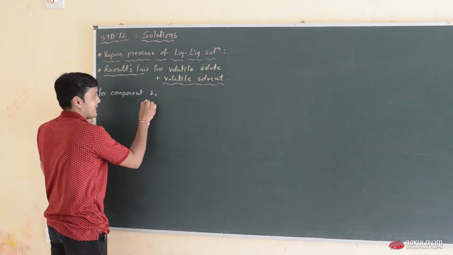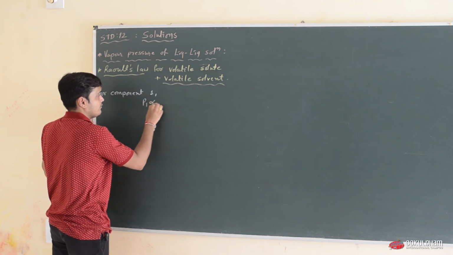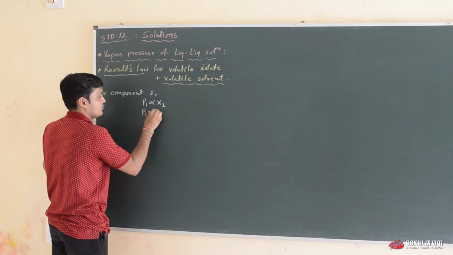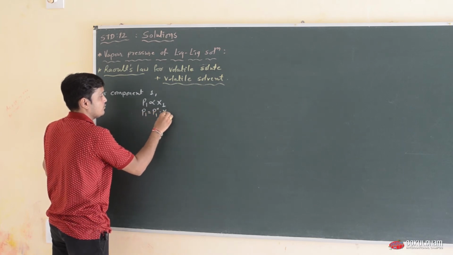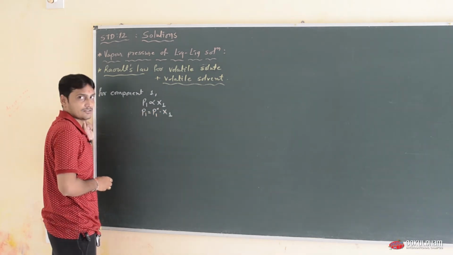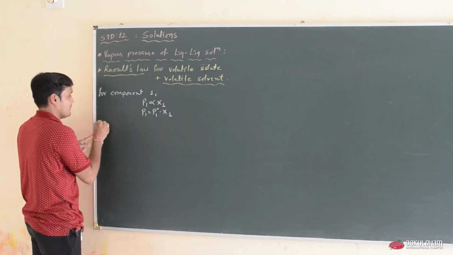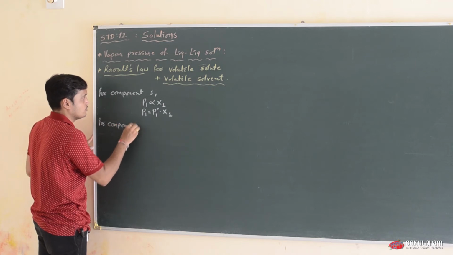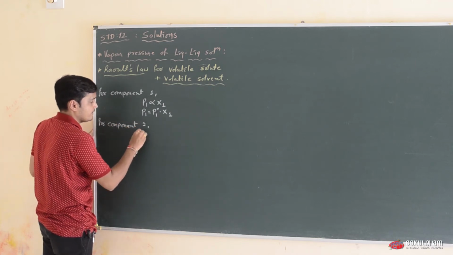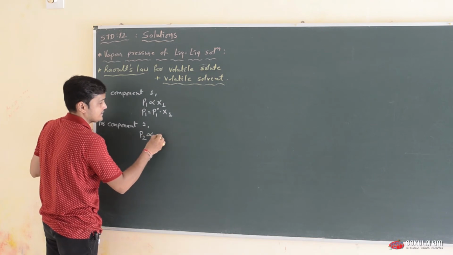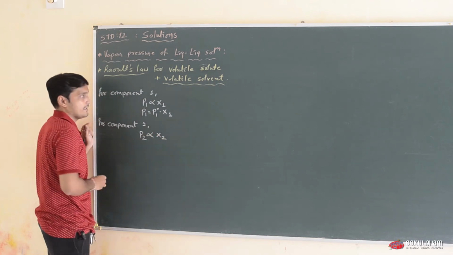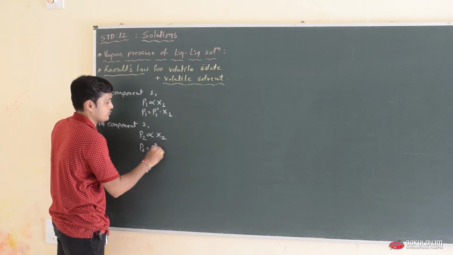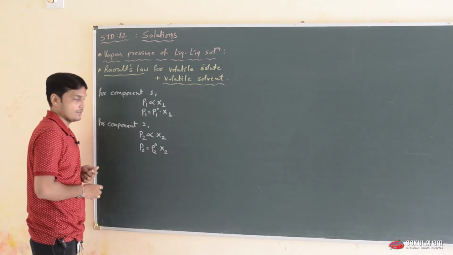So we can write P1 varies as X1, so P1 is equal to P1⁰ into X1. Now for component 2, vapor pressure P2 is directly proportional to mole fraction X2. So P2 is equal to P2⁰ into X2.